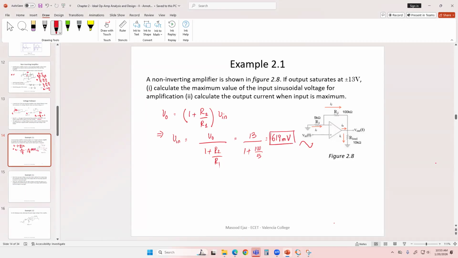So the input value of 619 millivolt is going to push the output to 13 volt.